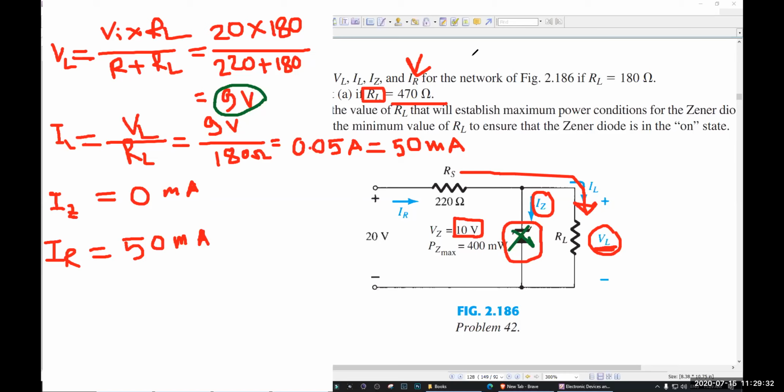Now we have to repeat the same thing for 470. We will use 470 everywhere. The values will be changed.